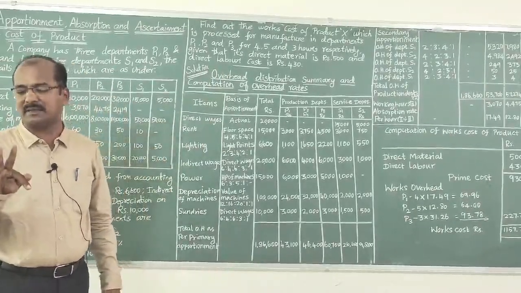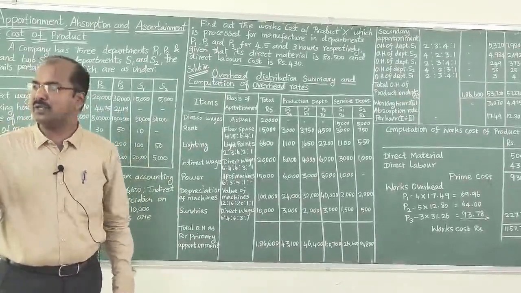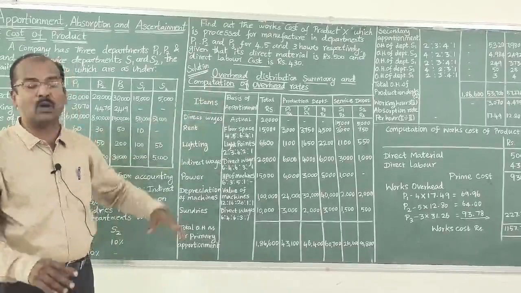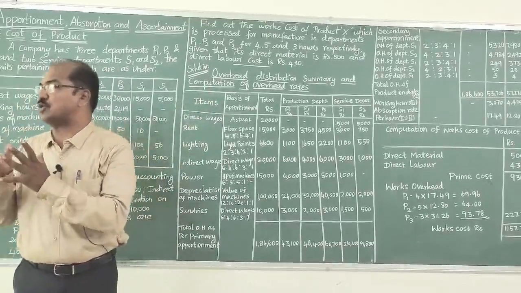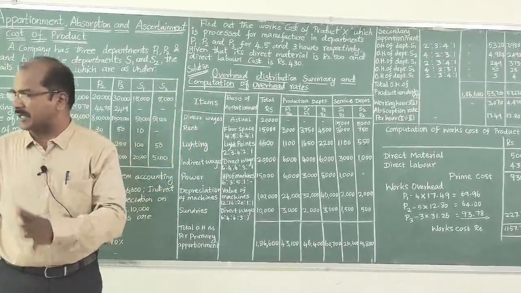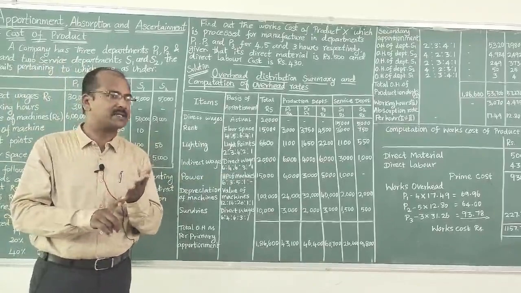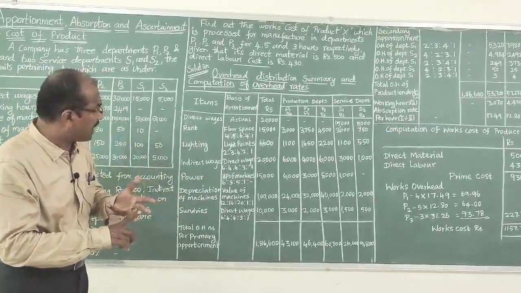After we complete the primary apportionment, then secondary apportionment, we move to the third stage of calculating the works cost for a given job. Here the given job is production of product X. We are informed about the material cost for producing X, which is nothing but 500 rupees.